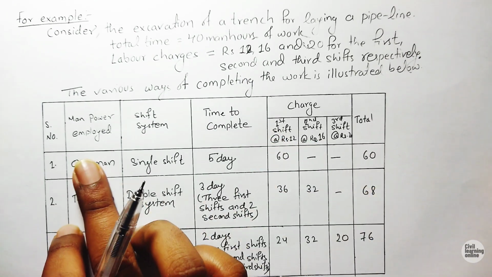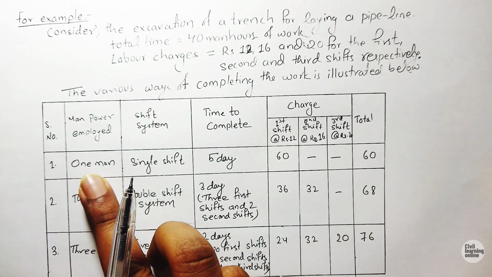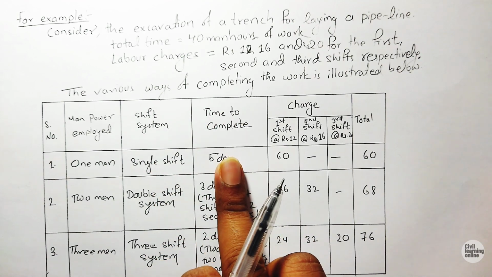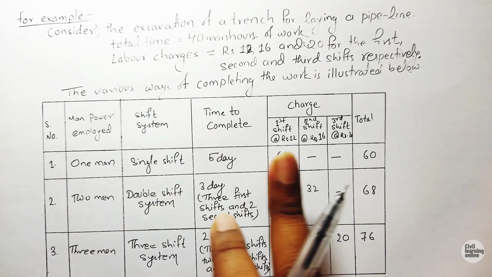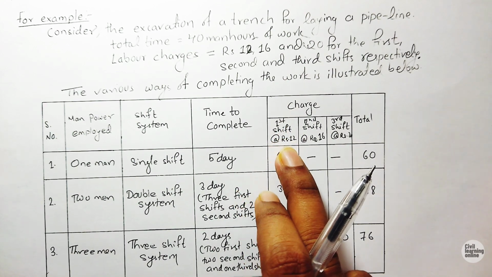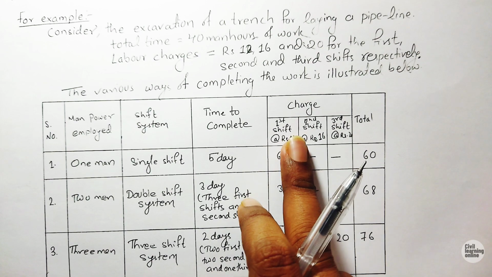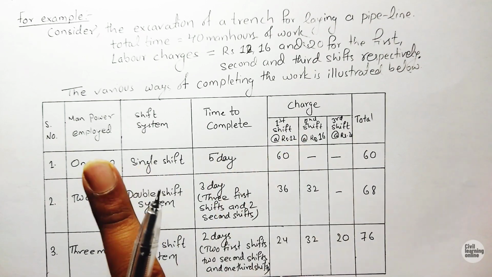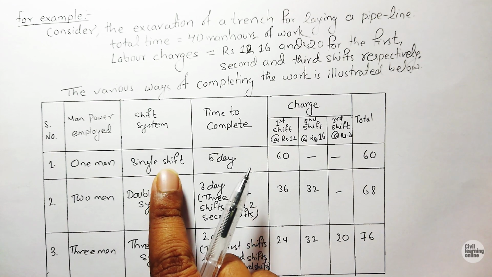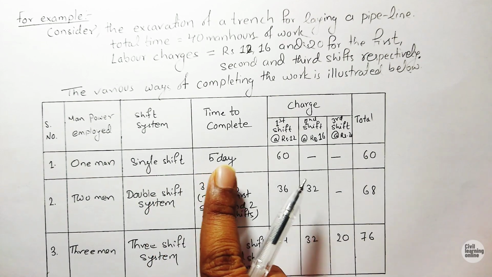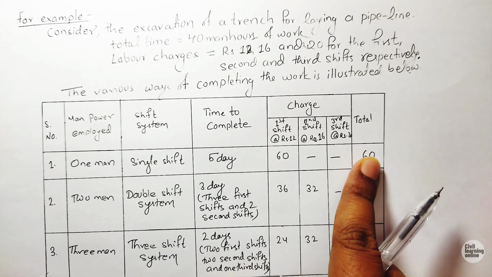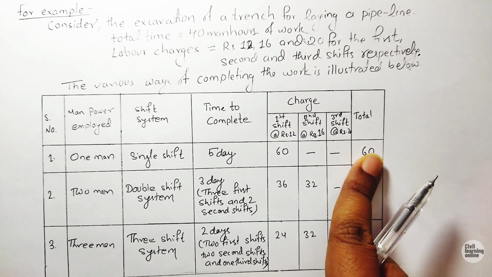Suppose we are hiring one man for a single shift, and it takes 5 days for him to complete the trench. The cost of the first shift is 12, so 12 times 5 is 60. So the total cost for digging the trench is Rs 60.